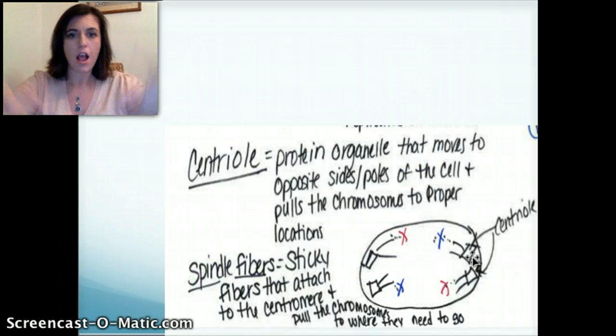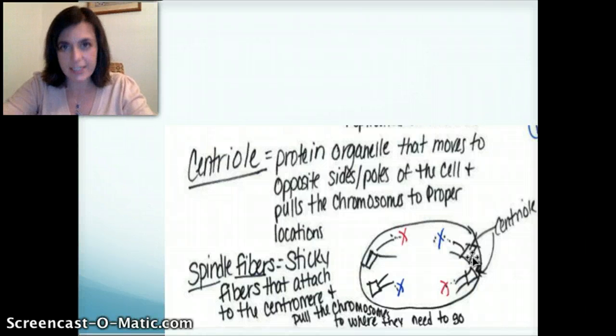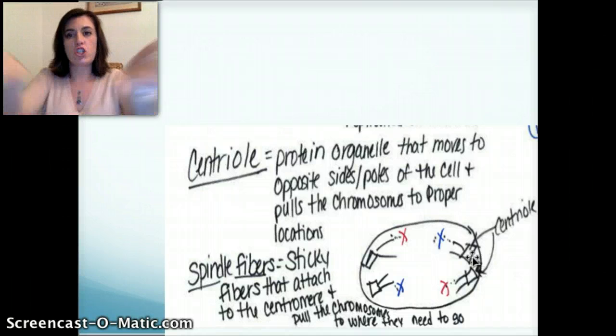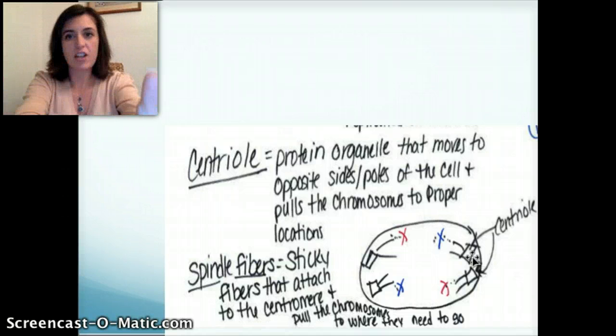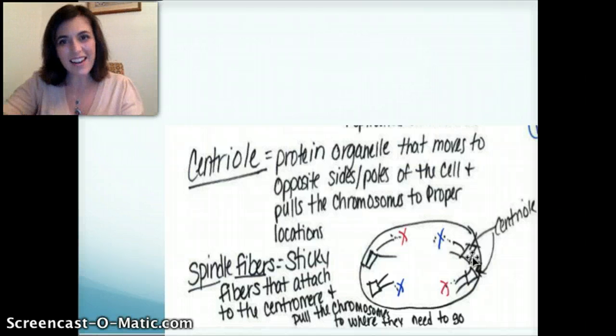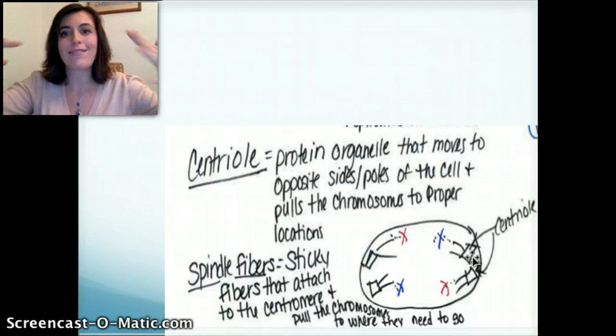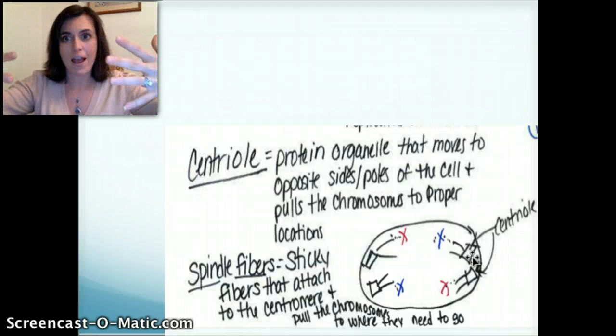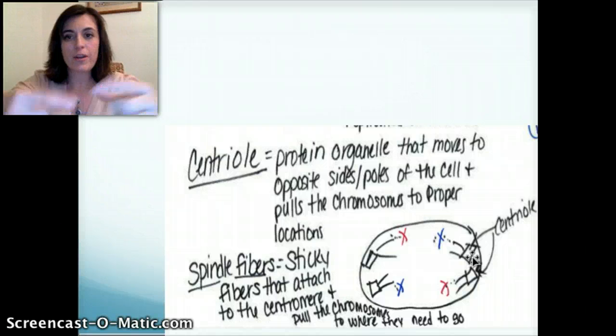And those Spider-Man lifeguards are like, whoa, that's not where you're supposed to be. I'm going to take you where you need to go. They shoot out that webbing, snatch onto the inner tube, and pull them back into safety. That's kind of what these centrioles are doing. They're standing at the edge, shooting out those spindle fibers that are going to grab onto the centromeres and pull them where they need to go.